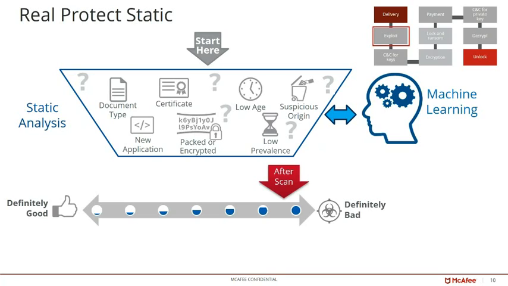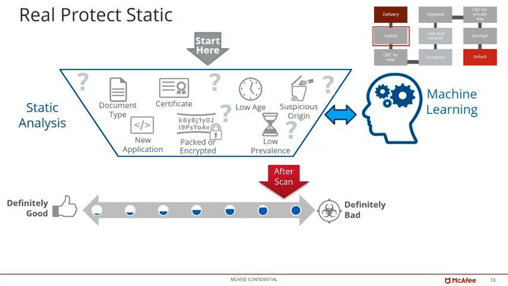You change one byte, it's not the same precise file. But making those minor changes isn't going to be enough to defeat what we call Real Protect Static, our static machine learning capability, because this technology isn't reliant on a specific signature, as defined by that file hash.